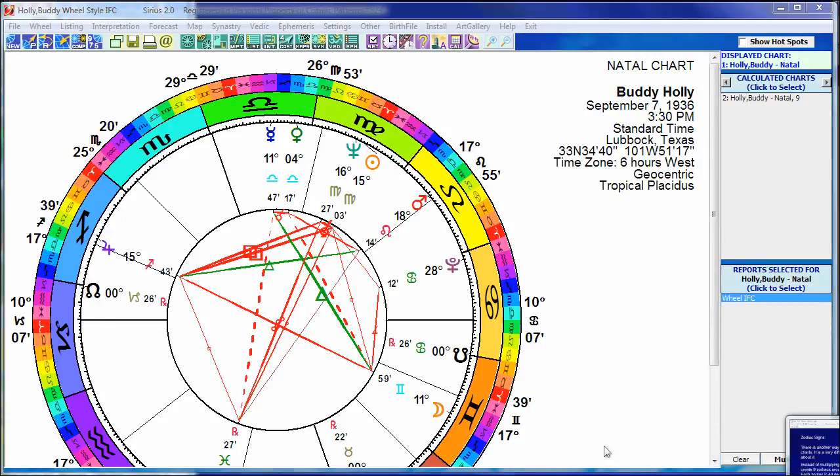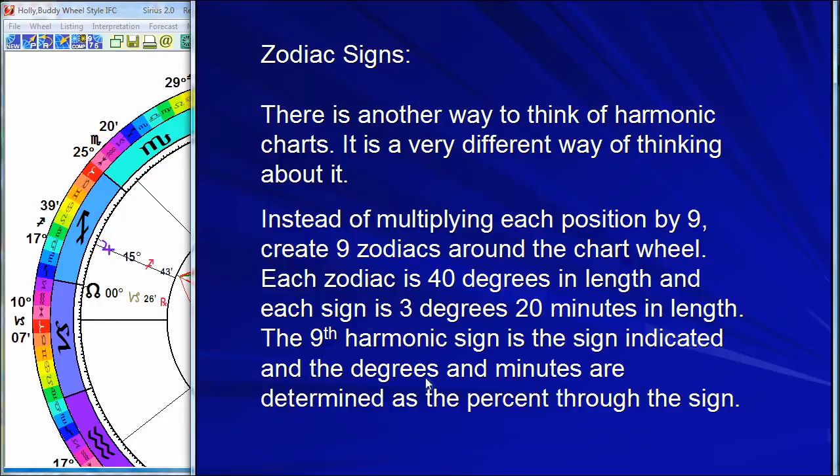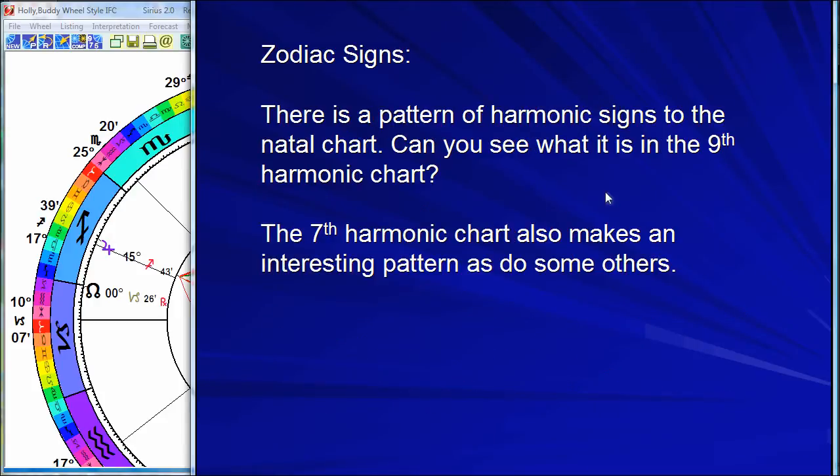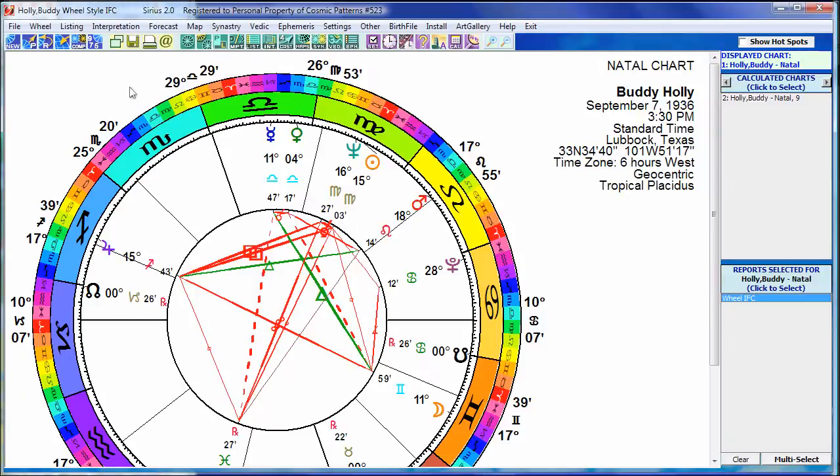Okay, let me go back to my PowerPoint, and that's what I explain here. So two different ways of thinking about it. A couple of things here. One is, let me see if this is my last slide. No, I've got one more slide. One point that's interesting here is that there's a pattern of how the harmonic signs are related to the natal chart.